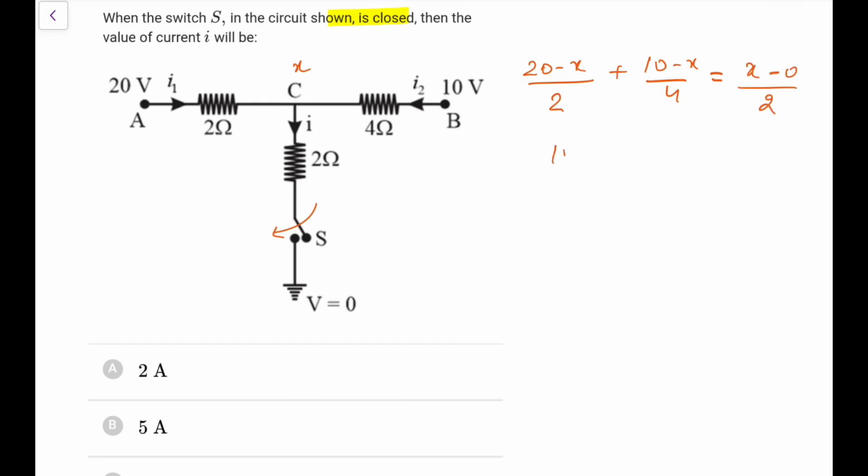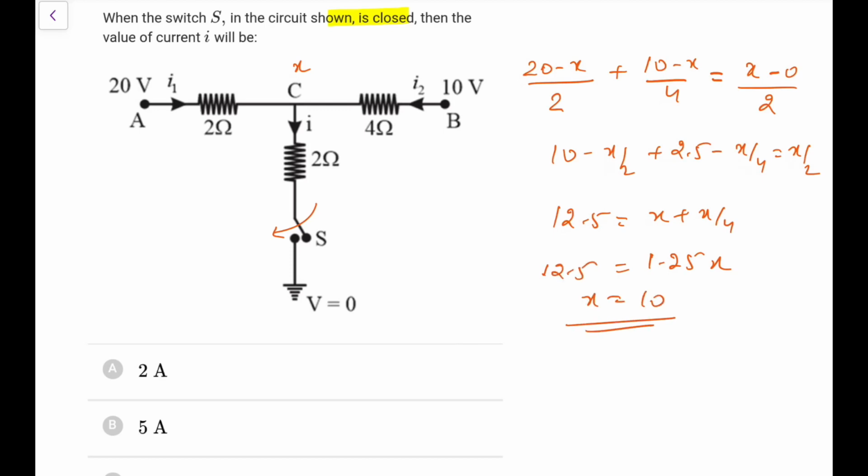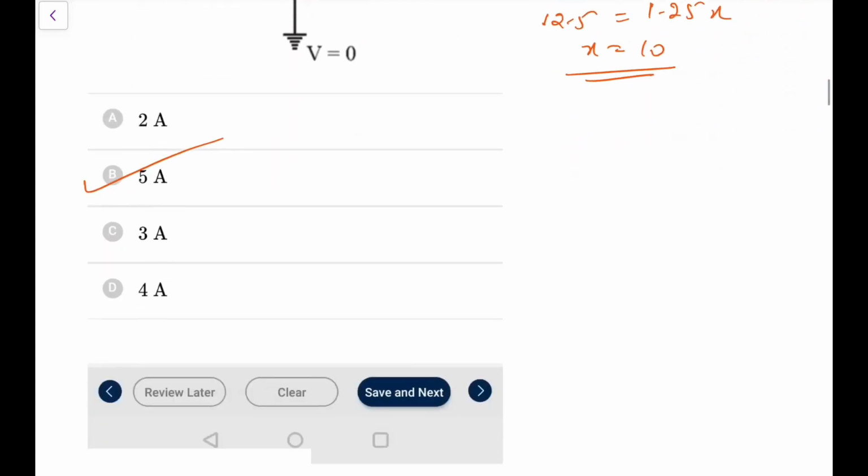So we have (10 minus X) by 2 plus 10 by 4, that is 2.5 minus X by 4, is equal to X by 2. So we have 12.5 is equal to X by 2 plus X by 2 plus X by 4, that you can write as 1.25X. So X is equal to 10. So the current I, this value, would be equal to 10 by 2, 5 ampere, directly you can go for.